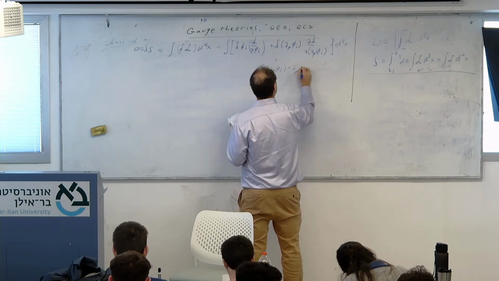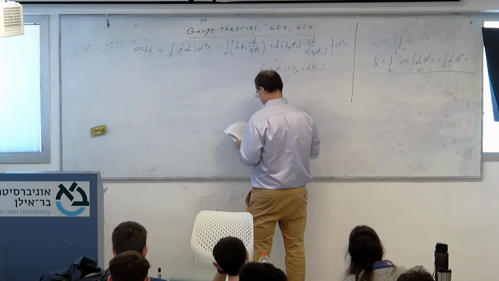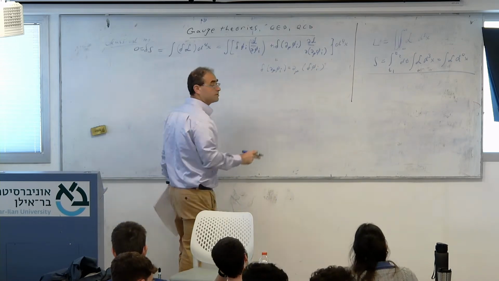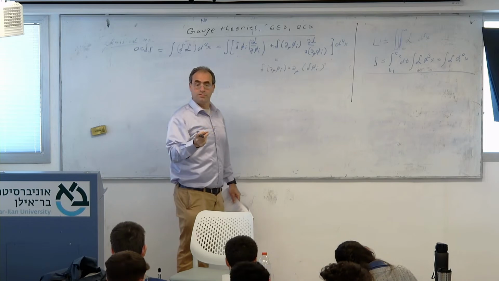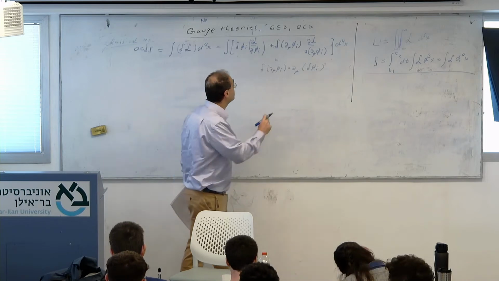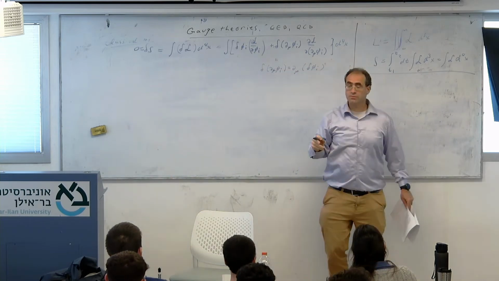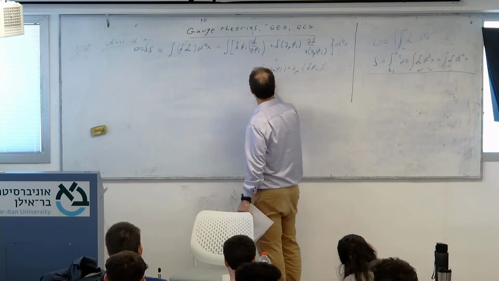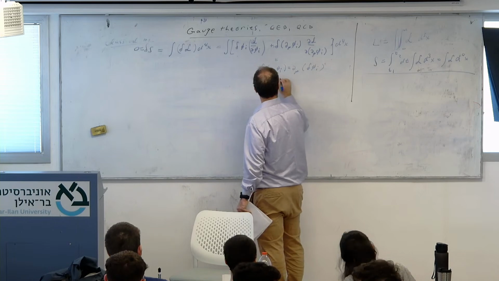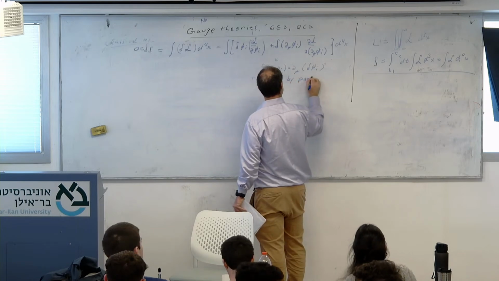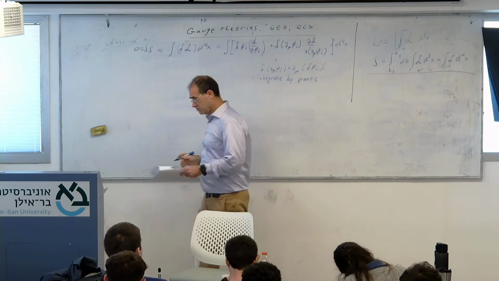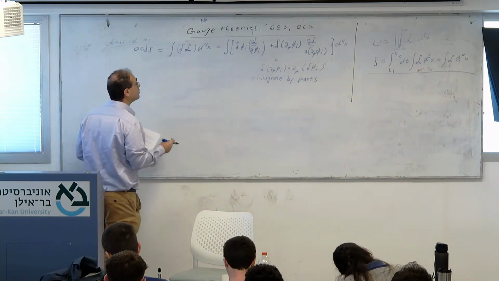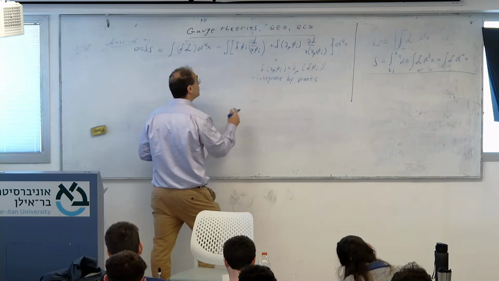We can write it as d_mu delta phi_i, and integrate by parts, recalling that the delta phi_i on the boundaries are 0. So we integrate by parts, and we get just like that.